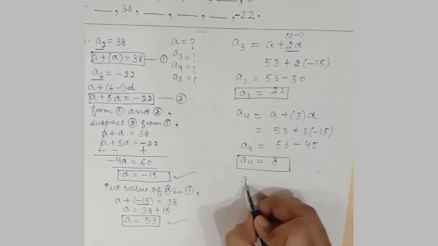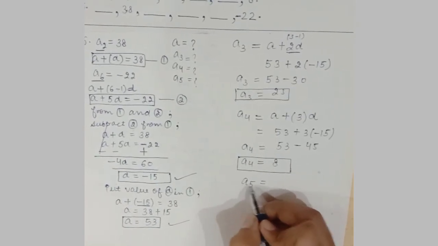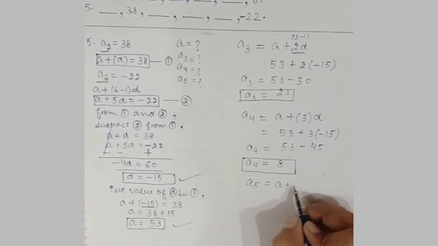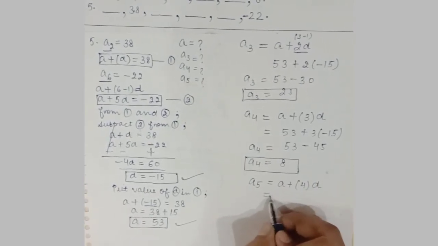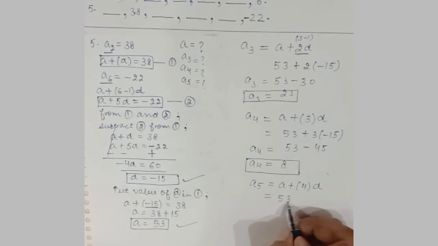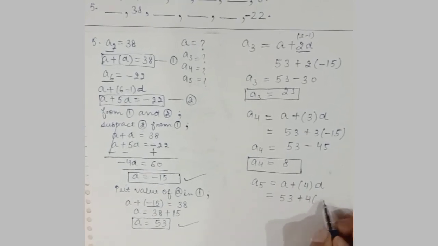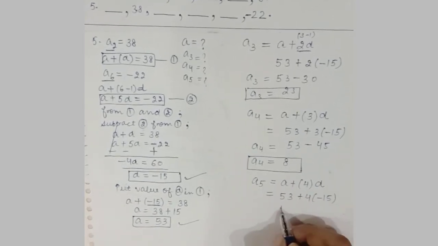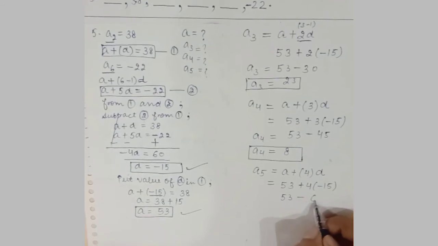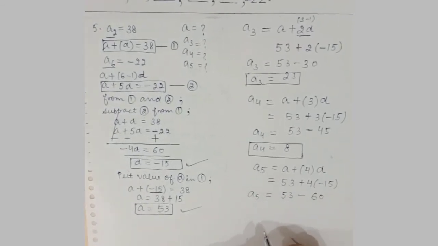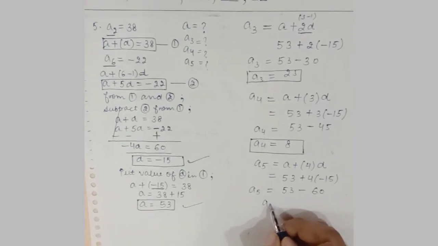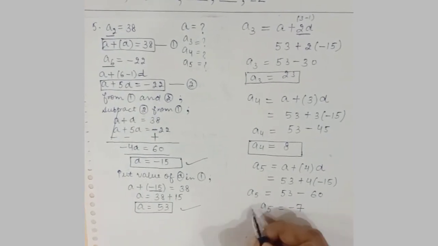For the fifth term, we write a5 as a plus 5 minus 1 is 4d. A is 53 plus 4 and d is minus 15. 53 minus 60. Our fifth term is minus 7.